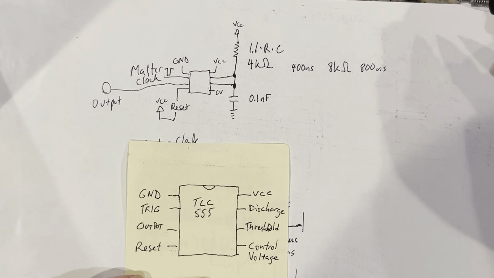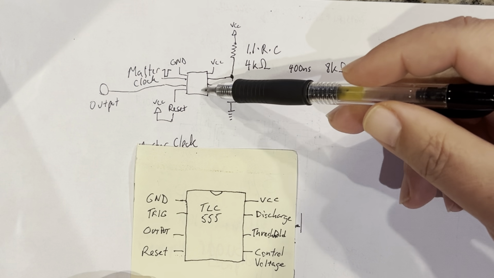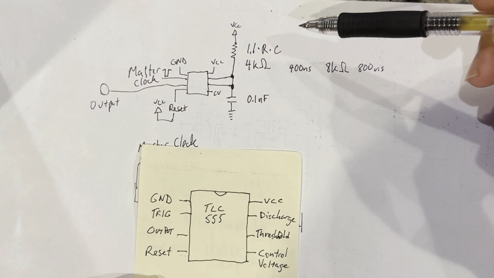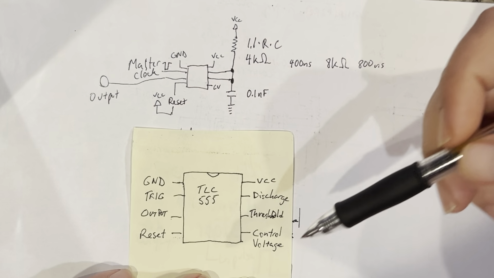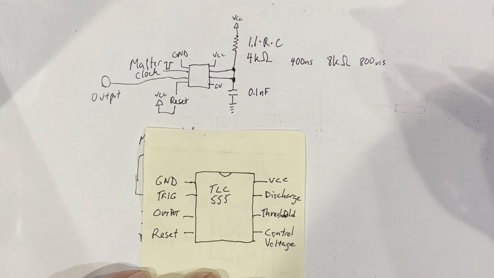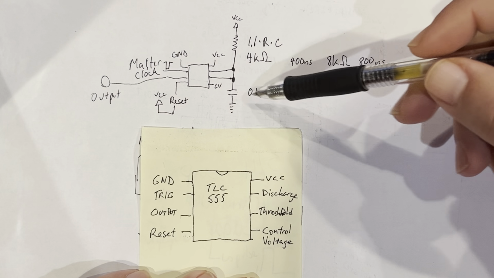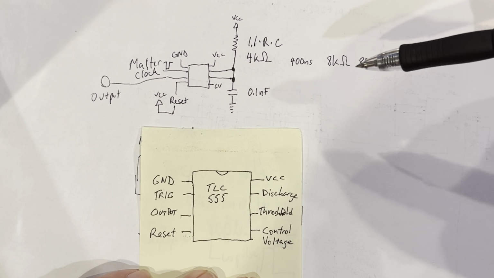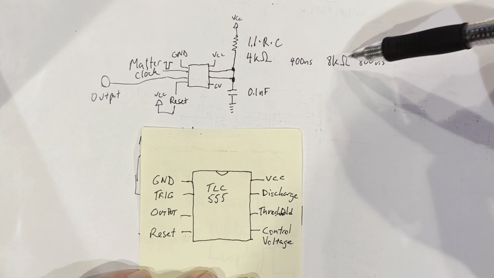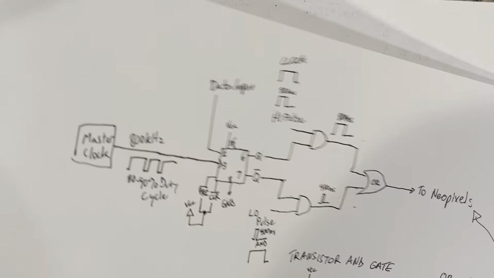So that is where the problem lies, because in order to generate these pulses, you need the 555 timer. You can't use a regular 555 timer. That's why I use the TLC 555 timer, which is a CMOS 555 timer. And originally, when I made this circuit, I used these two 555 timers, one to generate a high pulse, one to generate a low pulse, and these were all going into our AND gates here.